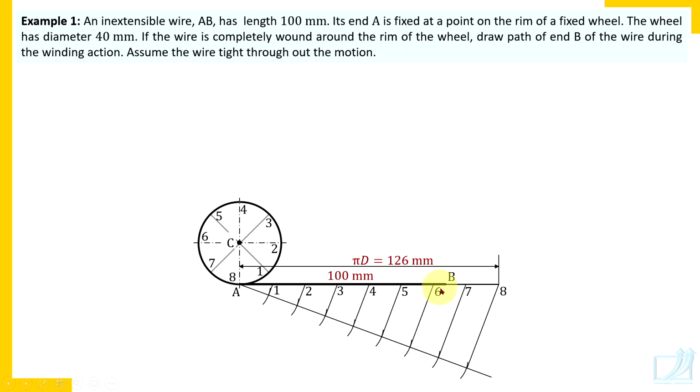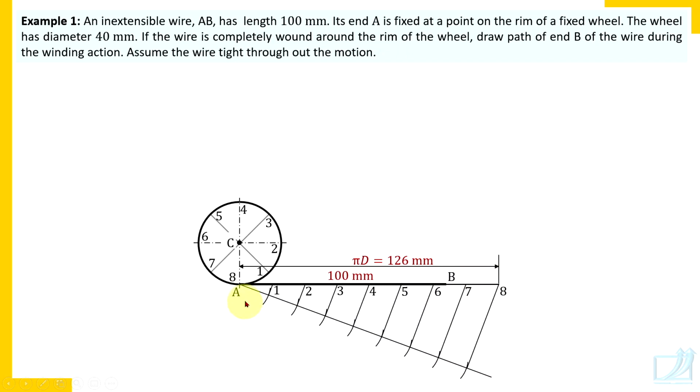No problem. What I want to tell you here is, if length AB, that is the length of the wire, is greater than pi d, then you will get more than 8 divisions on that. Suppose the length of the wire is twice pi d.